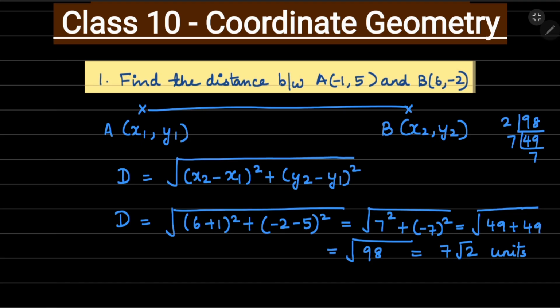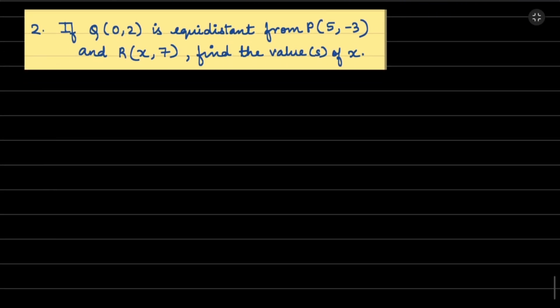You can simply write whatever value you're getting in terms of its units. So what you've calculated, 7 root 2, is the distance between (-1, 5) and (6, -2). It's the shortest distance if you draw a line joining these 2 points, the distance would be 7 root 2 units. Let's move on to the next question.